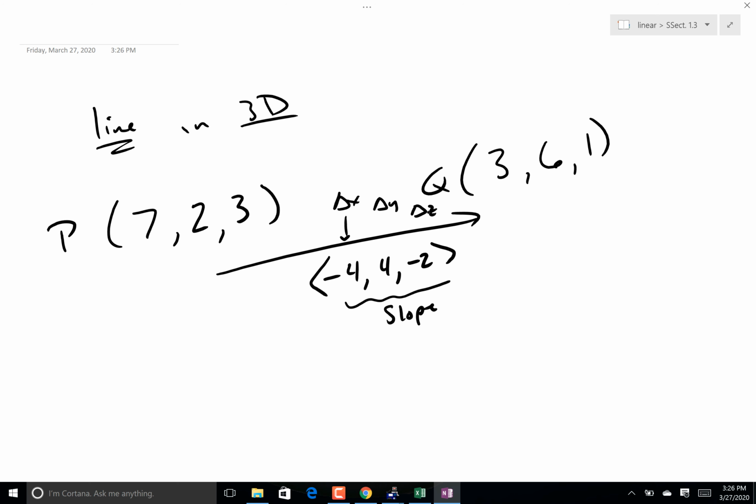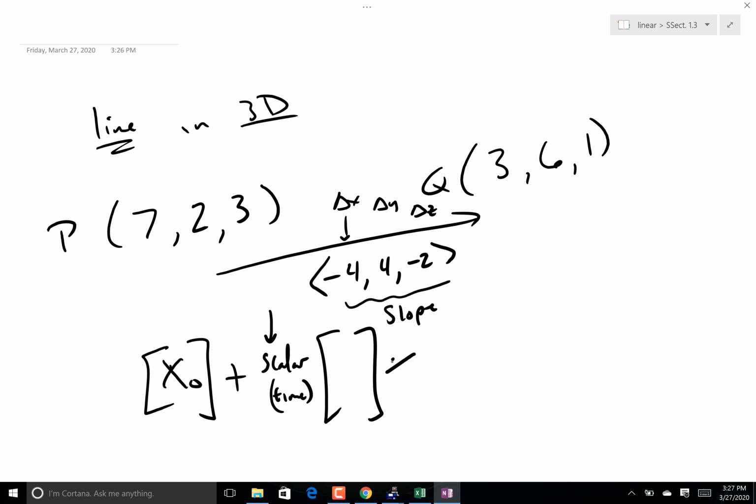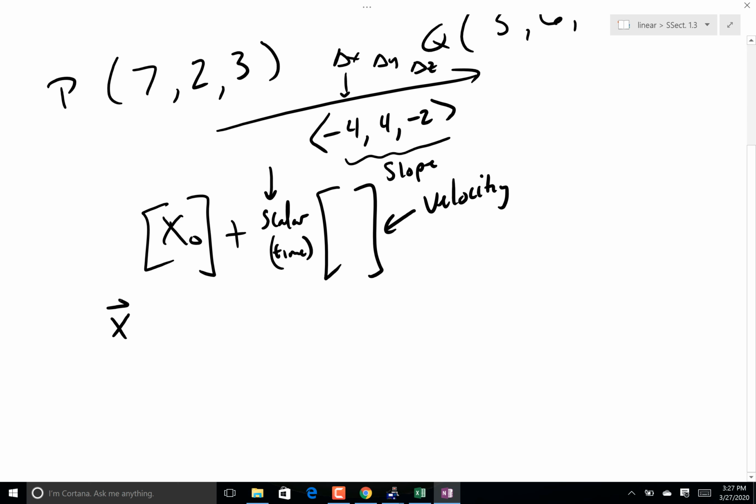Honestly, the easiest way to think about this is where you started from. You started from some x naught, and we have to call that a vector. We're going to add a scalar, and usually the scalar we like to use is time, but not always. I like to think of it as a velocity vector. What is a velocity? It's a rate of change of x, y, and z. So another way of writing this would be x is equal to x naught vector, which we'll call p in a second, plus t times v.